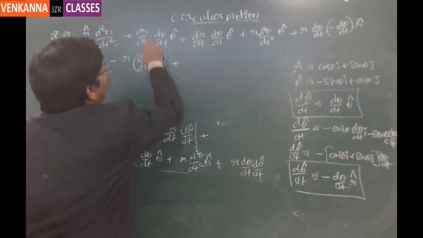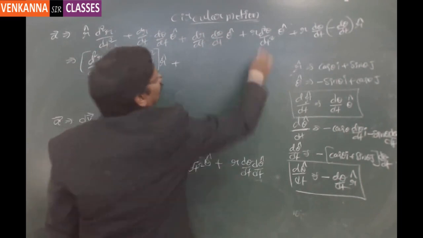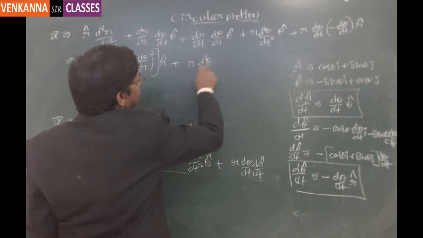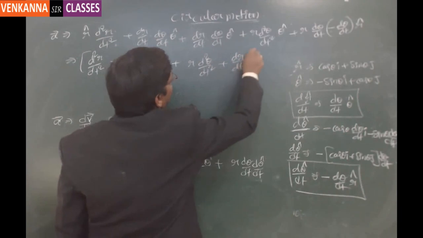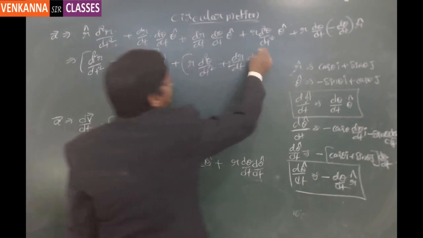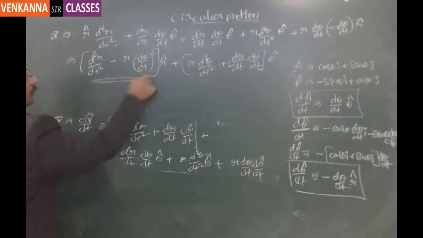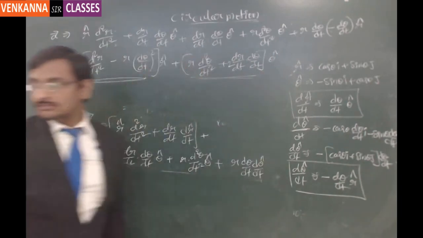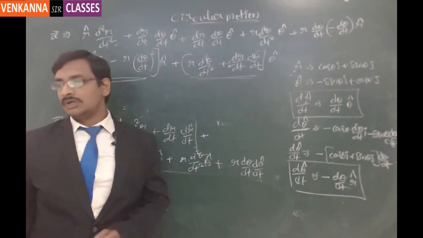And plus dr by dt into d theta by dt, here also dr by dt into d theta by dt, and this is r into d square theta by dt square, plus dr by dt into d theta by dt 2 times. This is theta cap direction. So this is the radial component of the acceleration, and this is the transverse component of the acceleration. Got it? Is this derivation understood or not?